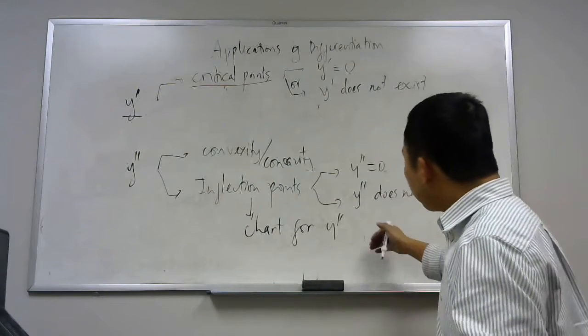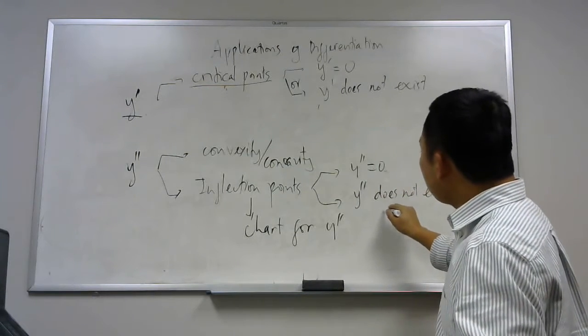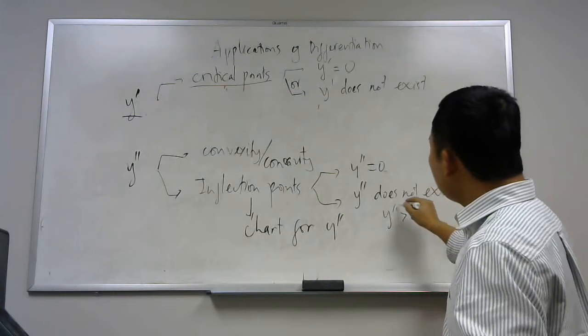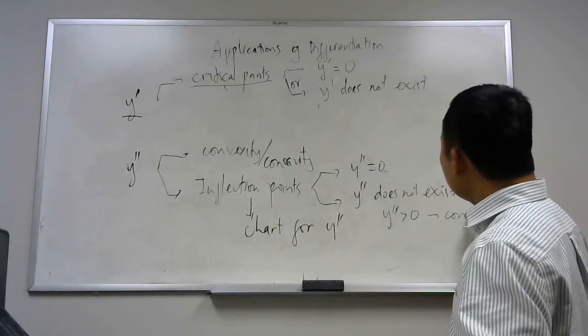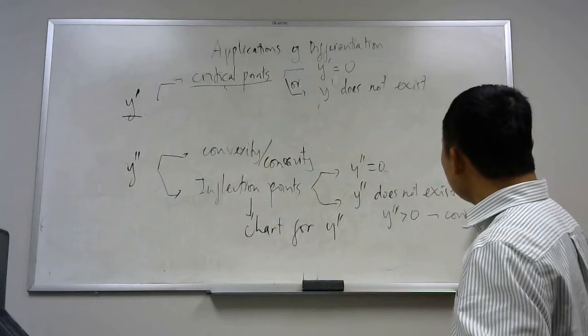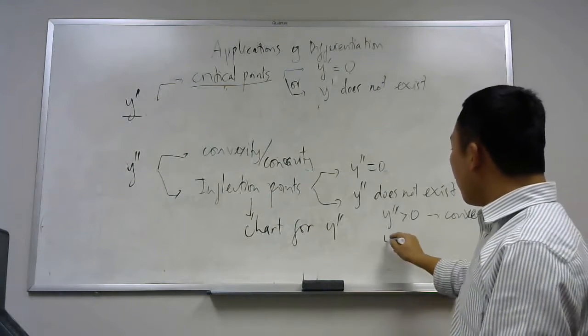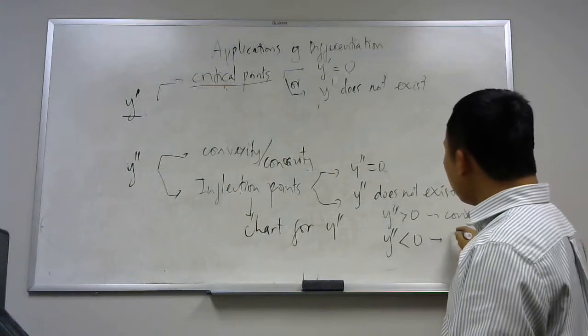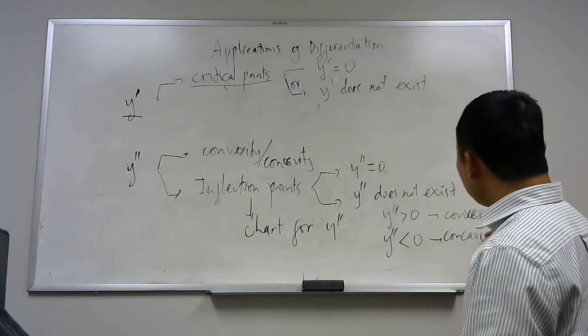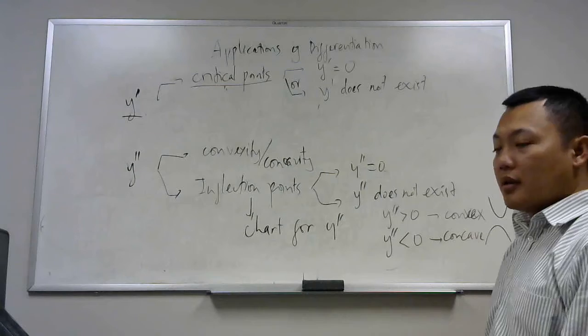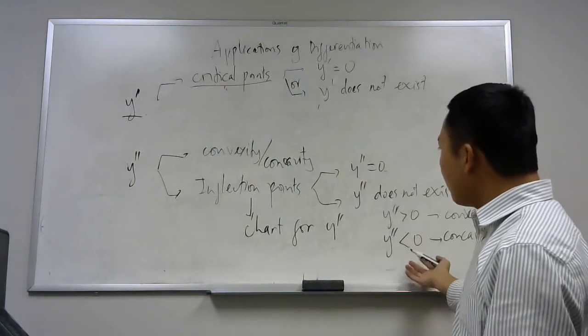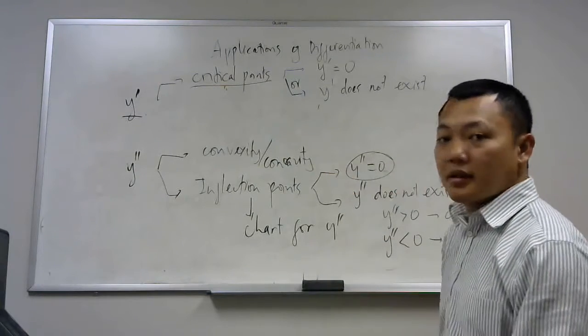So let's say if the second derivative is greater than 0, the function is convex, right? I used to write convex looks like this, and when the second derivative is less than 0, the function is concave. Concave looks like this, right? And when the second derivative is equal to 0, that is an inflection point.